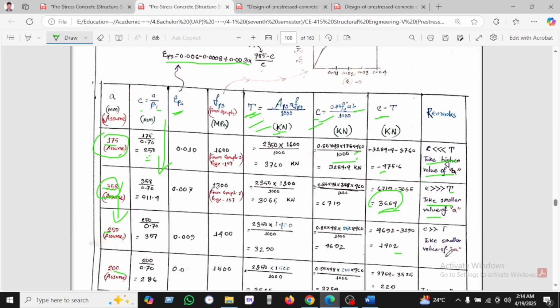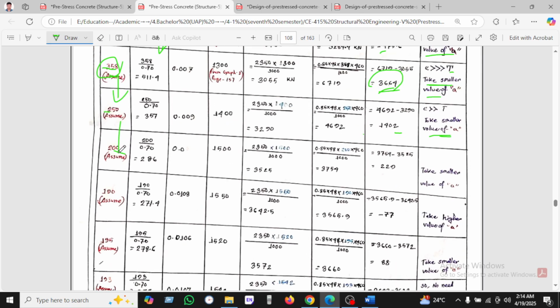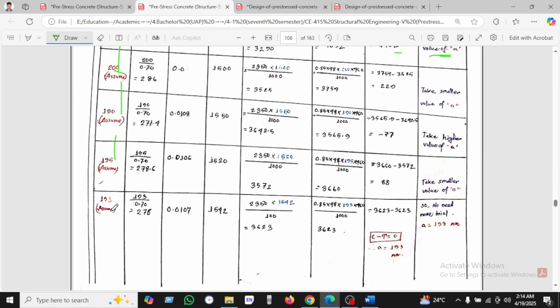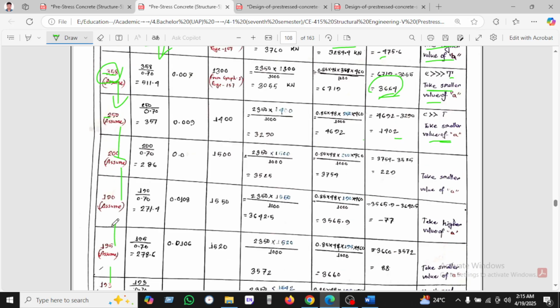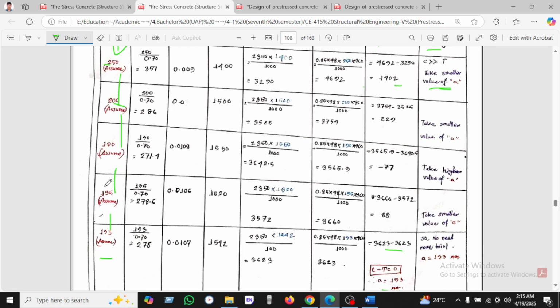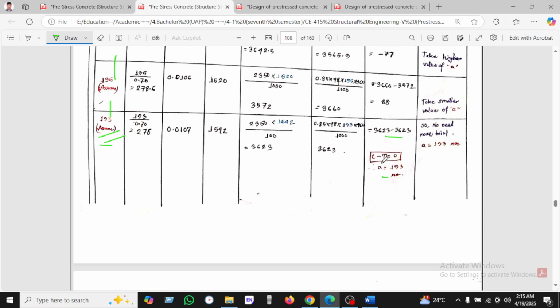The same case, so we take the smaller value again and again. Consequently we found the T value is 0. So our assumed a value is 193. So this is the answer.